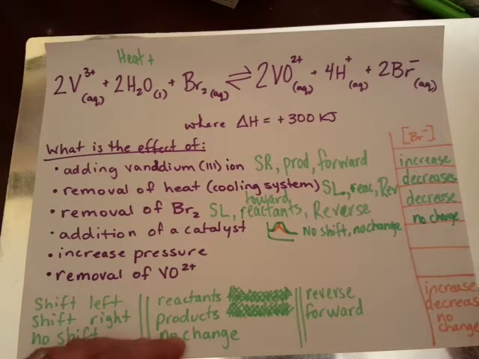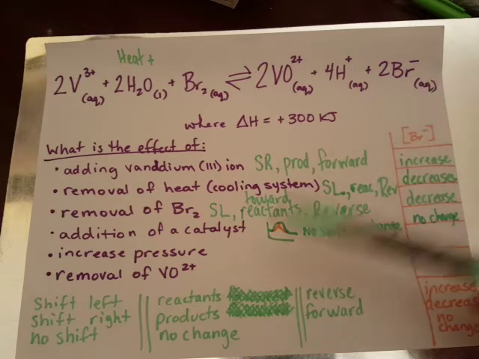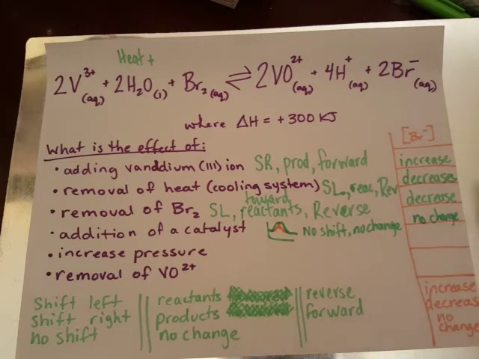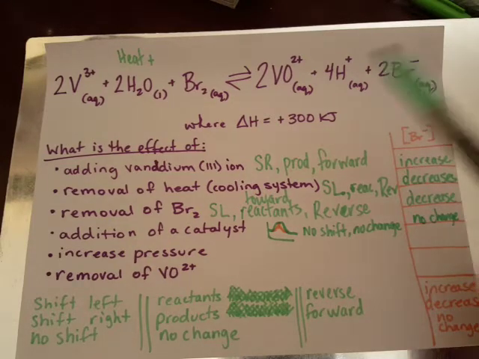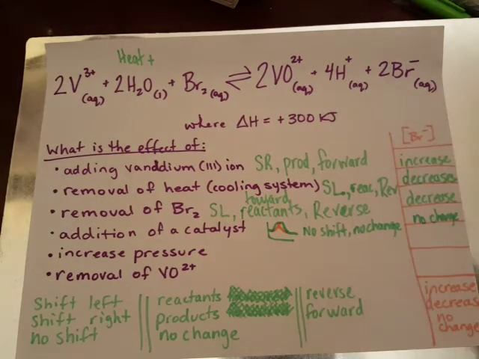Okay. If we increase the pressure, this is very, very interesting. So if we increase the pressure, we want to look at the nature of the compounds and elements that we're dealing with in our reaction. And when we look, we see they're aqueous, liquid, aqueous.